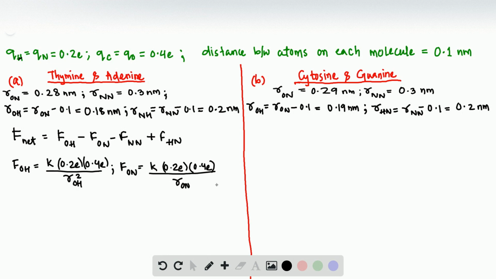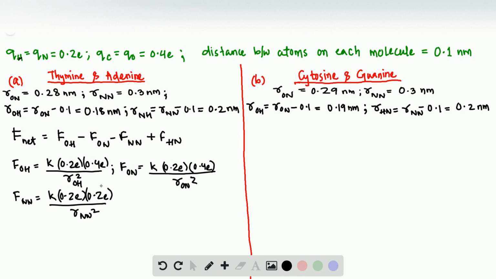Let's find FNN and FHN as well because they have different charges. So FNN will be K times 0.2 e times 0.2 e over RNN square.